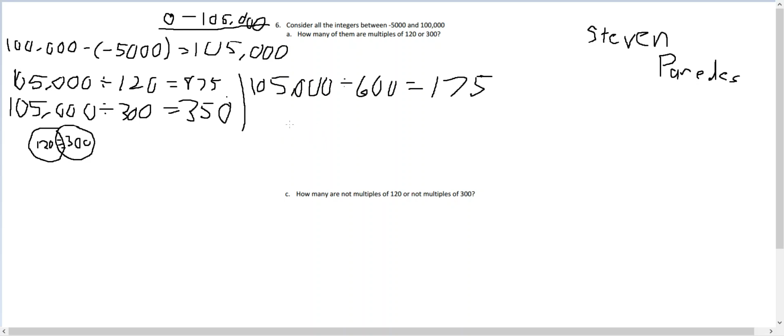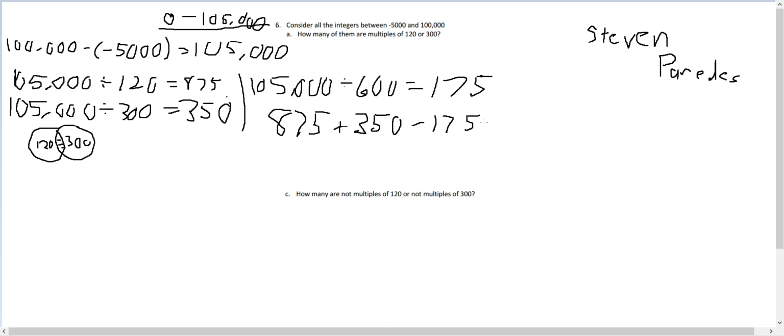So to continue to find how many of them are multiples of 120 or 300, we would then add 875 with 350 and then subtract the numbers that they have in common, because this has the same set of numbers and this has the same set of numbers.